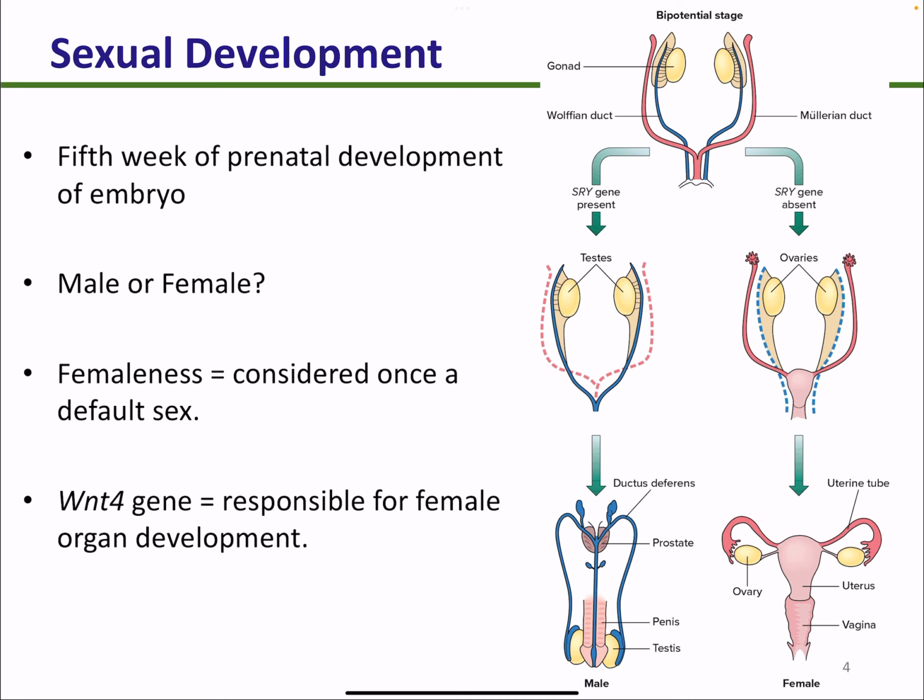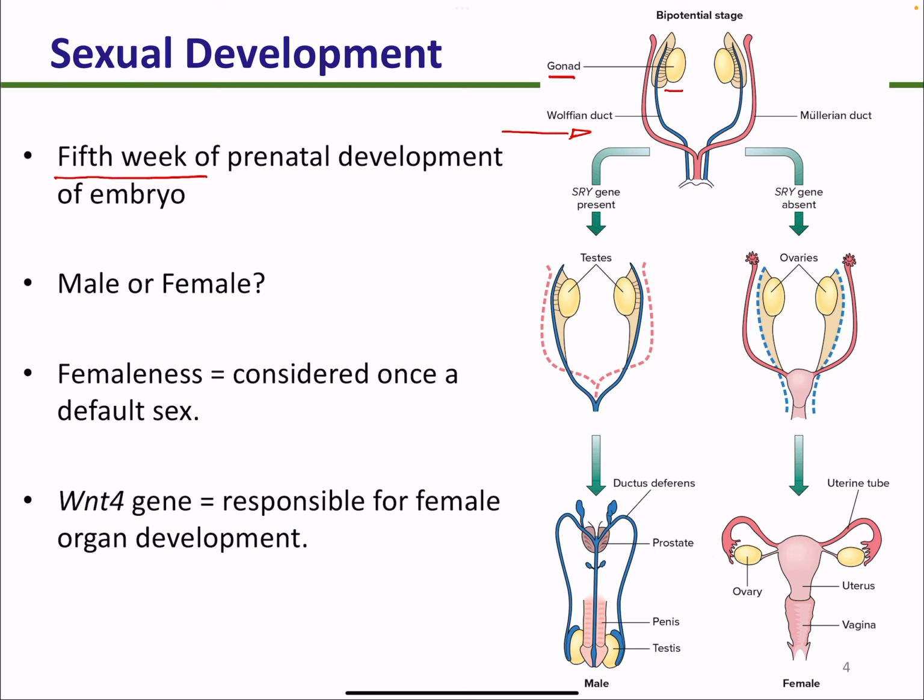So the 5th week of prenatal development of an embryo shows an embryo that exhibits both male and female features, right? So when we look at this graphic representation of the level of development at embryonic level, what do we see?